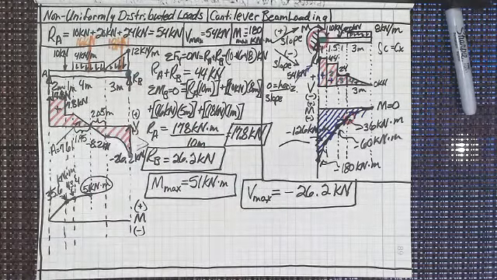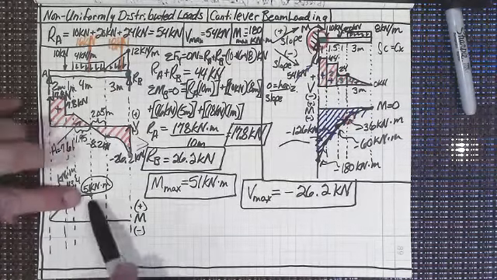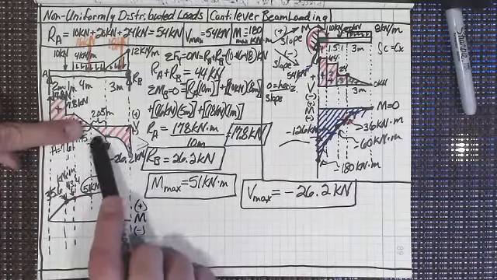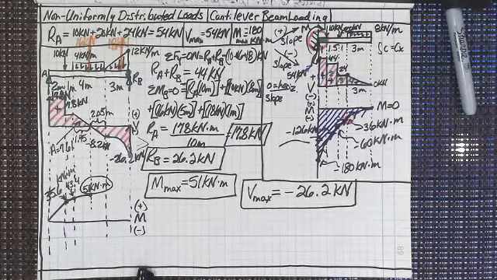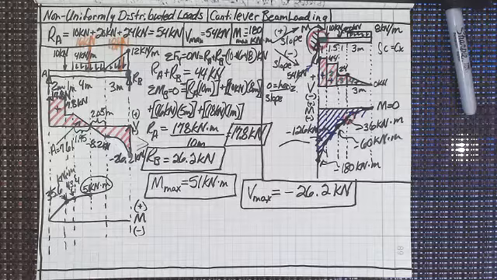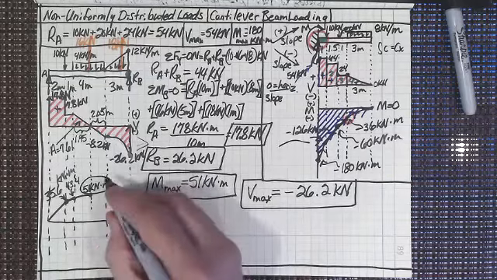How about our maximum bending moment? Well, we haven't even finished our bending moment yet. We've got to 51 kilonewtons. Now we're going to have to subtract this off, don't we? So we've got to subtract 2.05. So 51 kilonewtons minus 2.05 times 8.2 is 34.19, right?